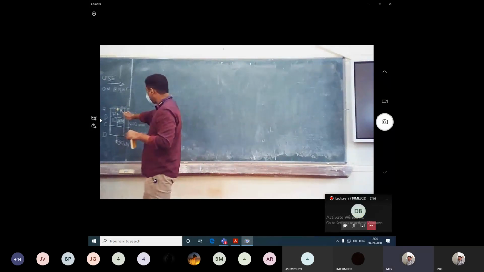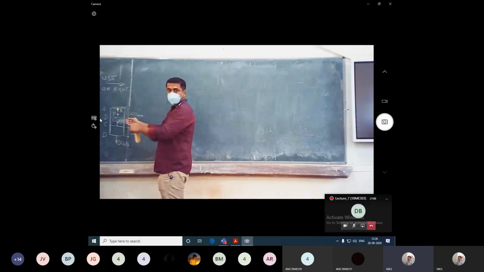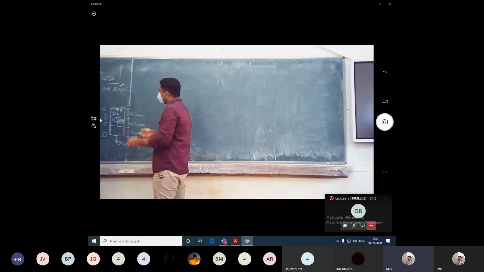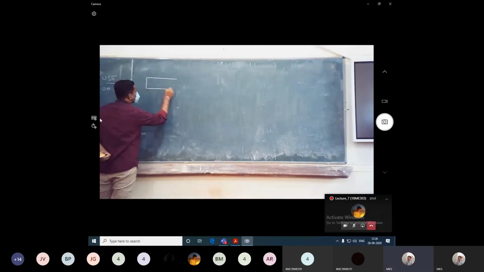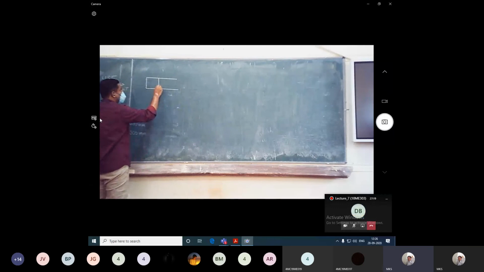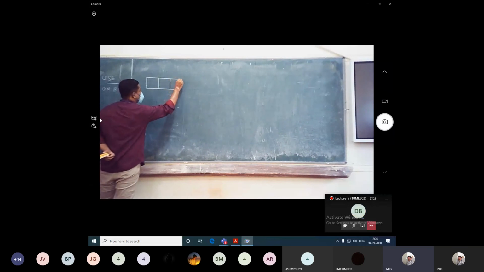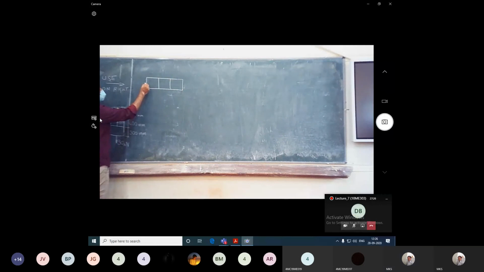For my convenience, I'll write this vertical diagram in the horizontal manner. Since at the support I have taken R, R is the reaction force. R will be acting in this direction, if I reverse this diagram from vertical to horizontal.